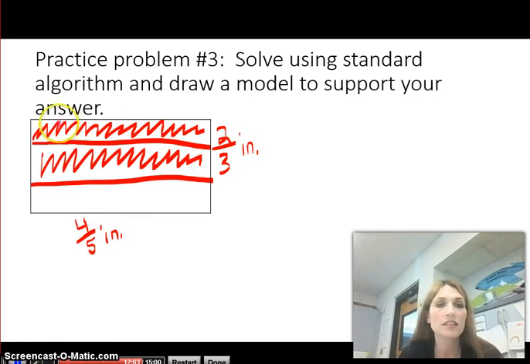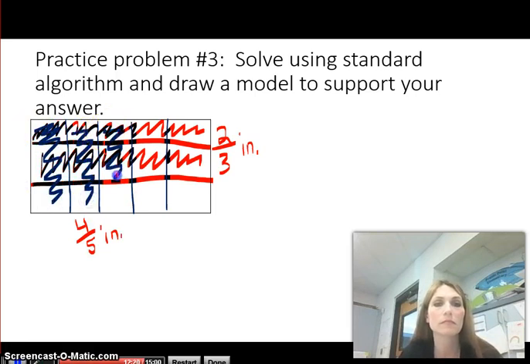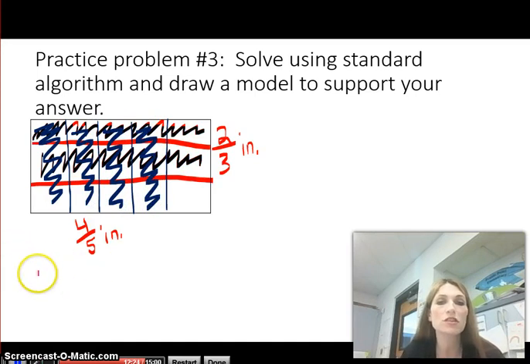Now I'm going to divide this into 5 pieces. One, 2, 3, 4, 5, and I'm going to color in 4 of these. Okay, now I'm going to go down here and use the standard algorithm to see what my answer should be, and I'm going to see if my model shows that.